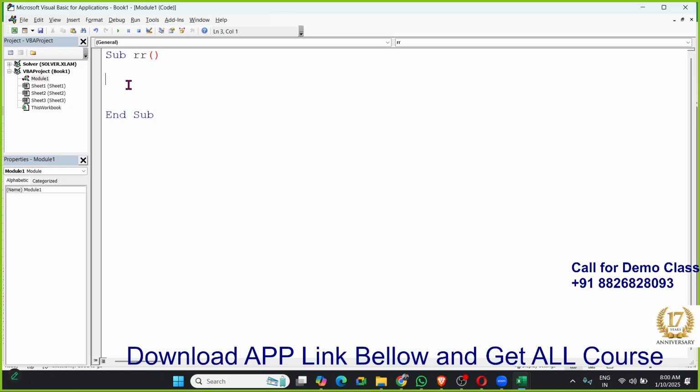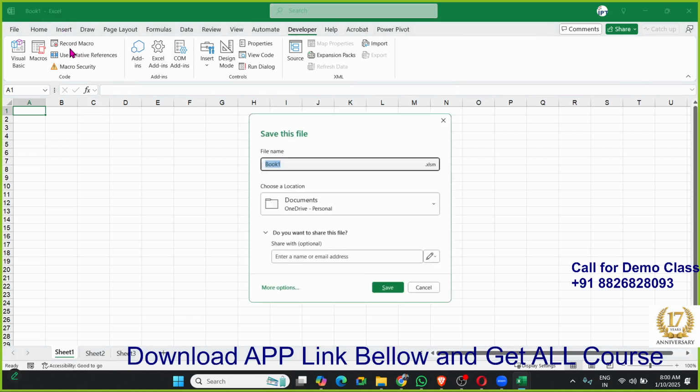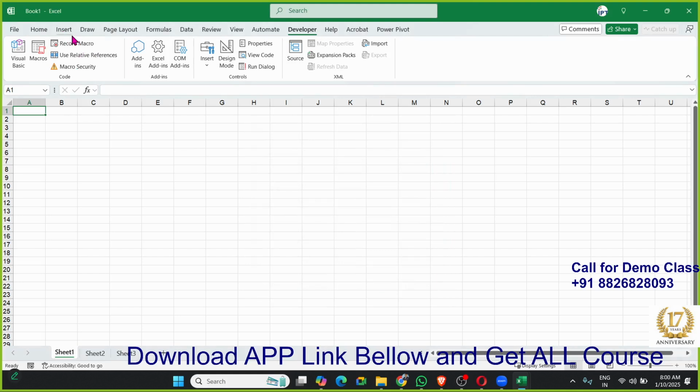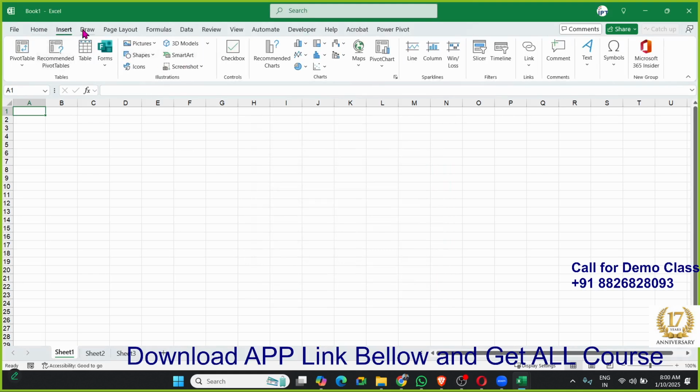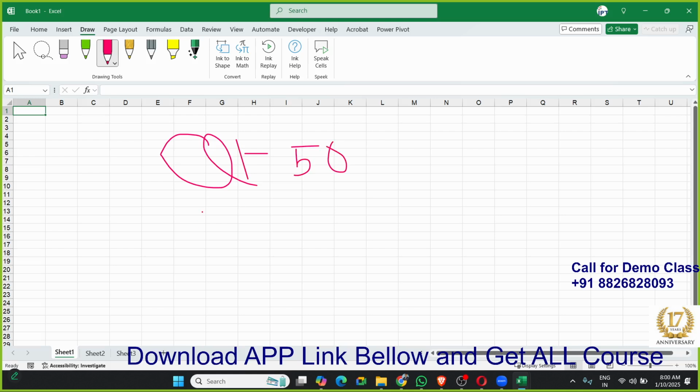So I want to calculate the growth. Growth is like we have quarter one and quarter two. Quarter one is 50 and quarter two is 60.